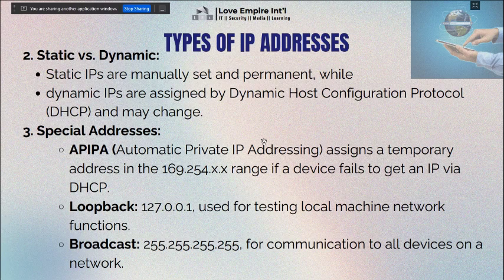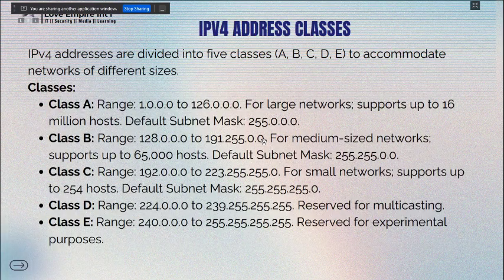If you configure your network to use a broadcast IP address, that means any message sent on that network, all the systems will receive it at the same time because it's broadcasting, unlike when you are sending to a specific IP address.